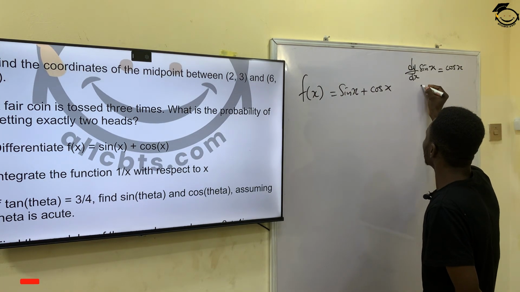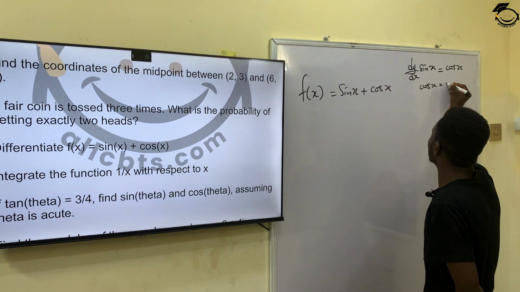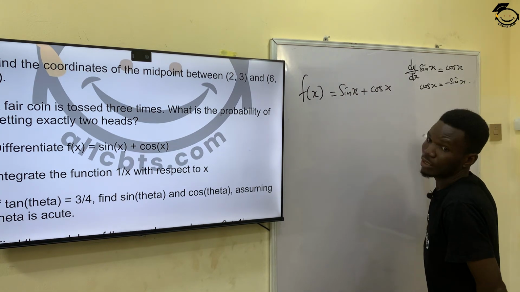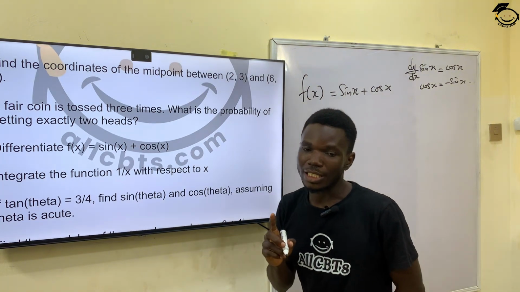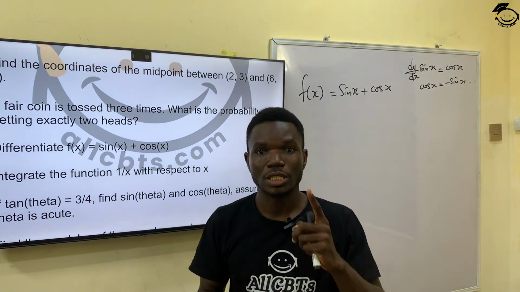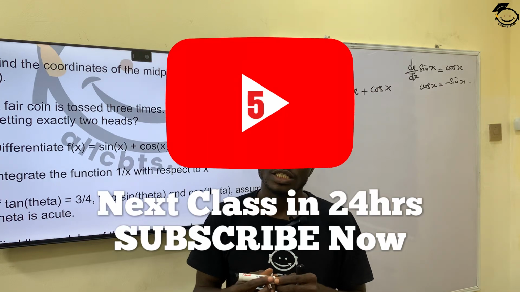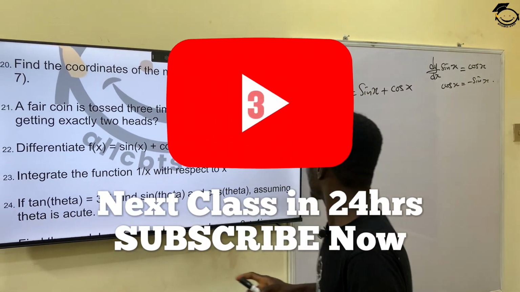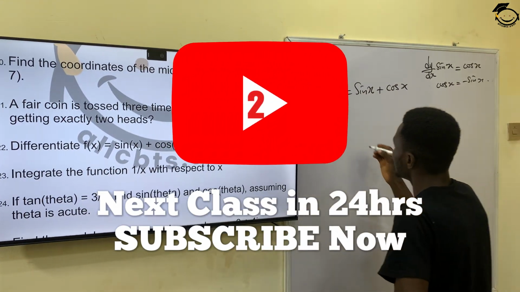But if you differentiate cos x, it will always give you minus sine x. So whenever you differentiate sine x, it gives you cos x, and when you differentiate cos x, it gives you minus sine x.